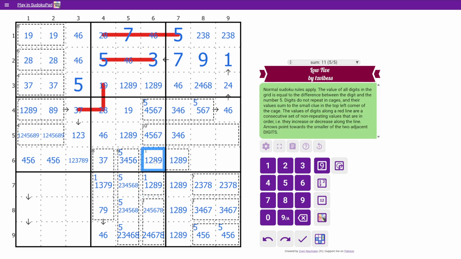This one would have to be a 4. And then there wouldn't be a spot for another one. So this cannot be a 5. Oh wait, no, it has to be a 5. Because it can't be a 1 and a 2.